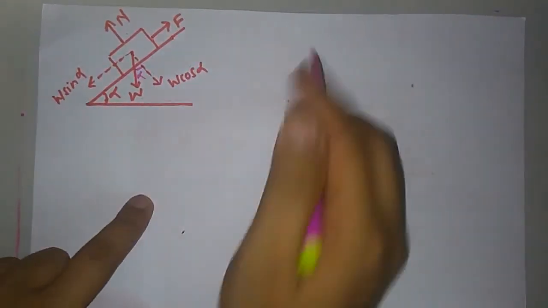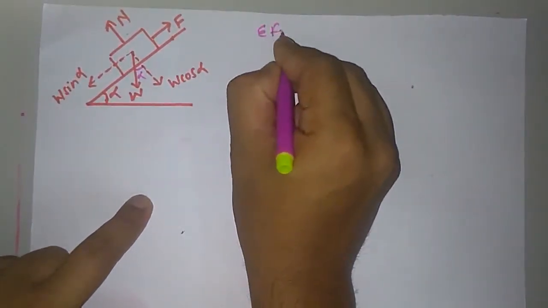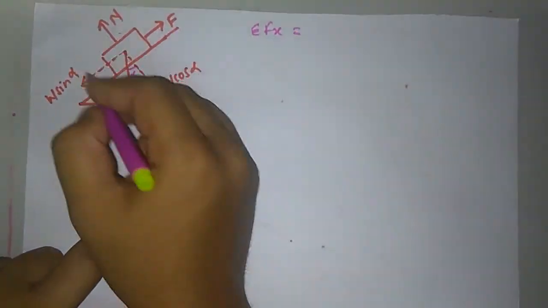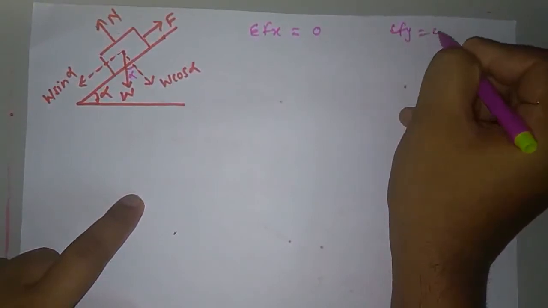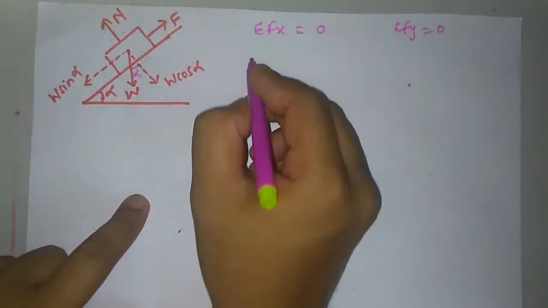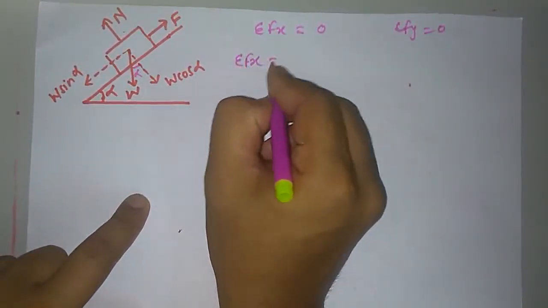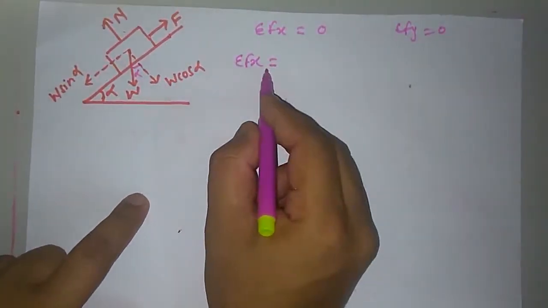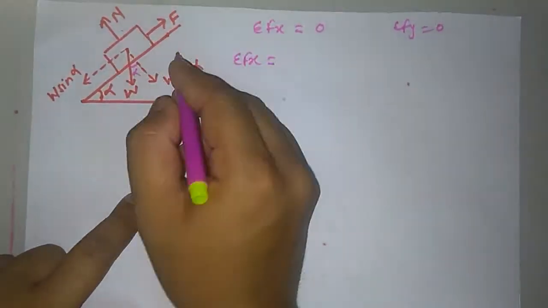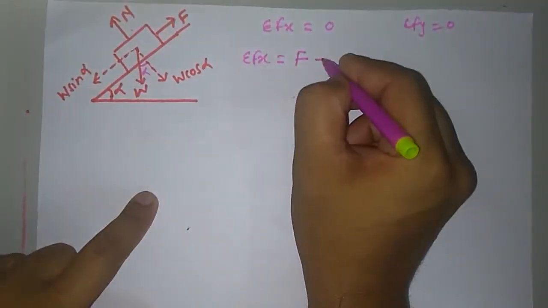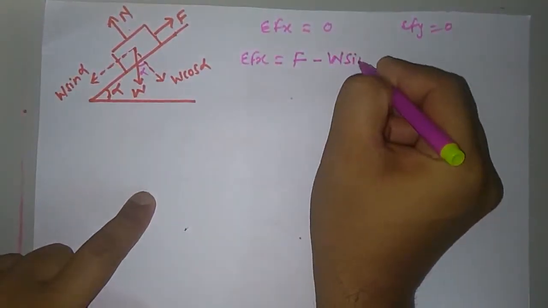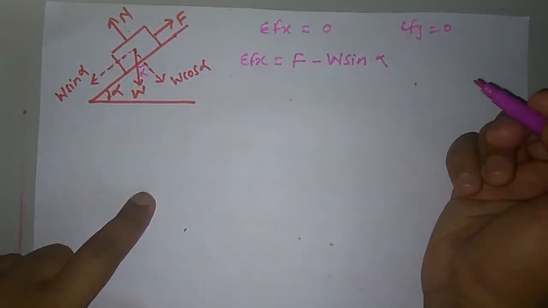Now suppose this is in equilibrium, so the summation of Fx is equal to 0 and the summation of Fy is equal to 0. What are the forces in the x direction? Consider this as positive, F, and this as negative, minus W sin alpha.